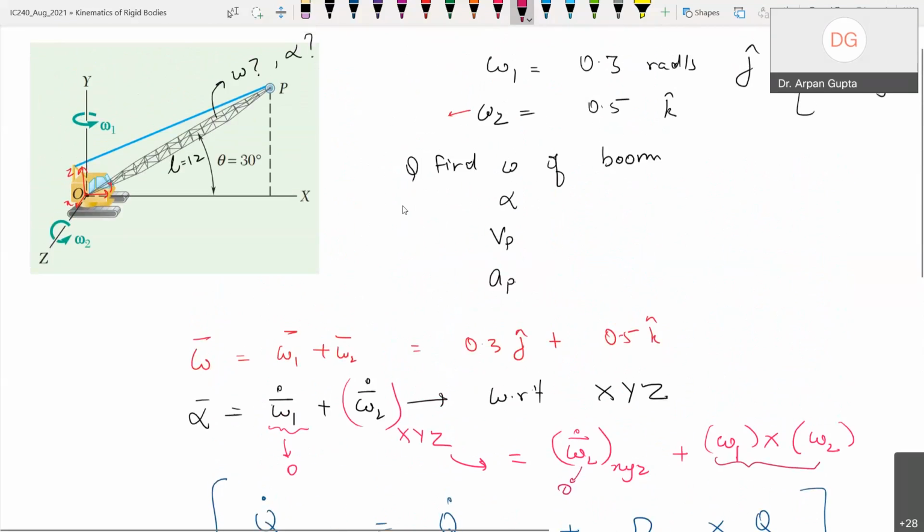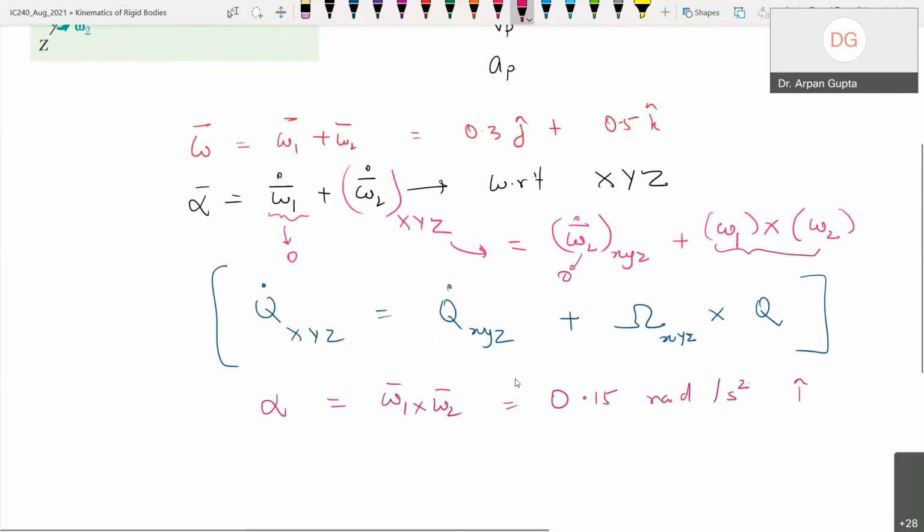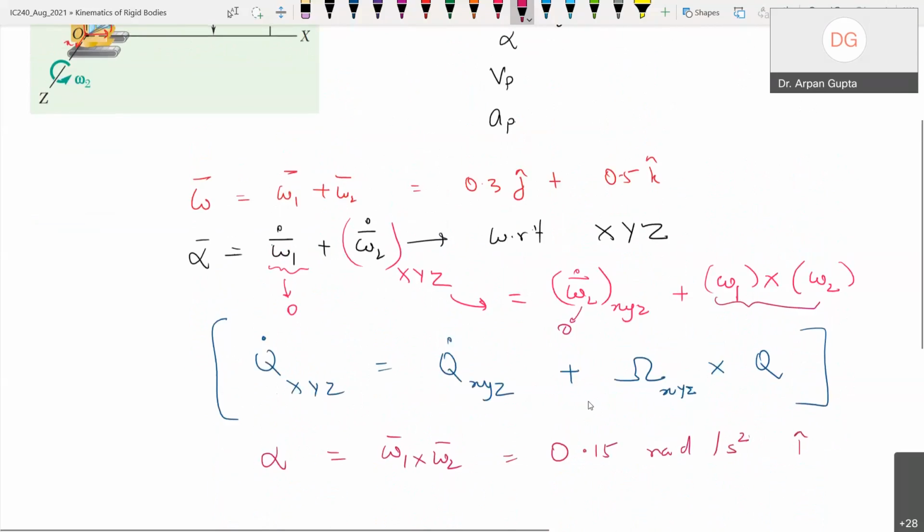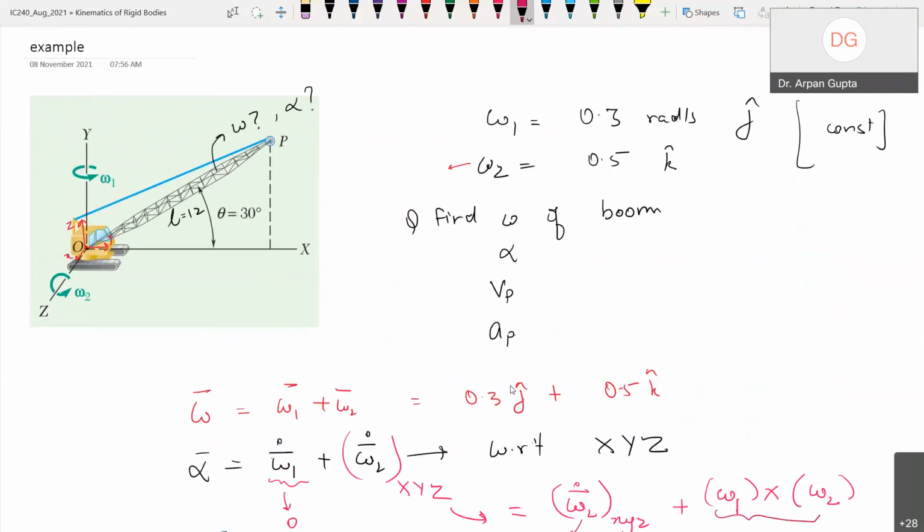So now here we can see an interesting phenomenon: omega 1 and omega 2 both are constant, but still we are getting an alpha. And we can physically see that this alpha is due to the change in direction of omega 2 caused due to omega 1. Omega 2 direction is in the z direction, k cap.